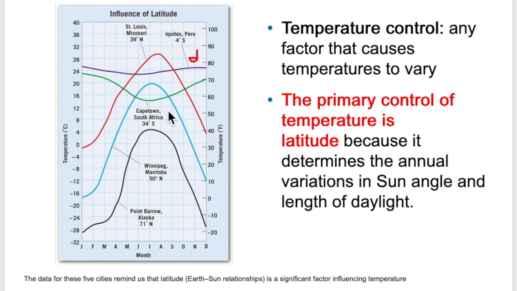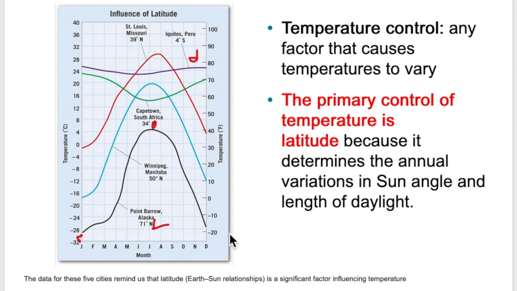And then we could see as you go farther up in the northern hemisphere, close to the Arctic Circle for Alaska, that there's a large annual temperature range. It gets in January below negative 28 degrees Celsius, but in the summertime, June, July, the temperature rises to at least 4 degrees Celsius, between 4 and 8 degrees Celsius.